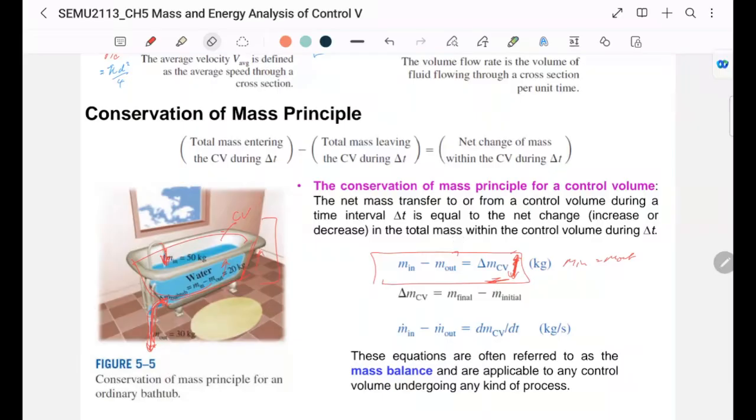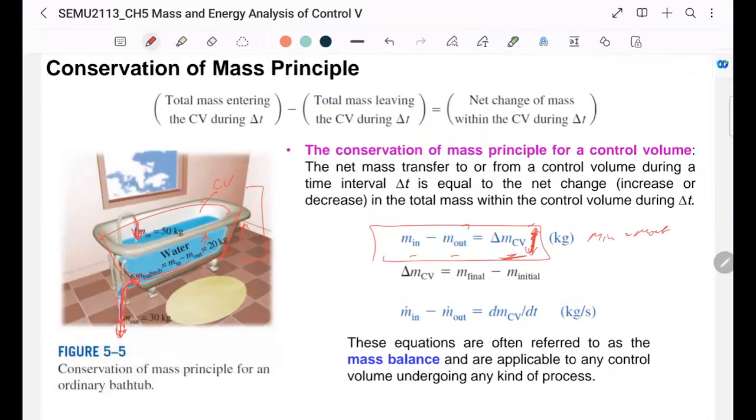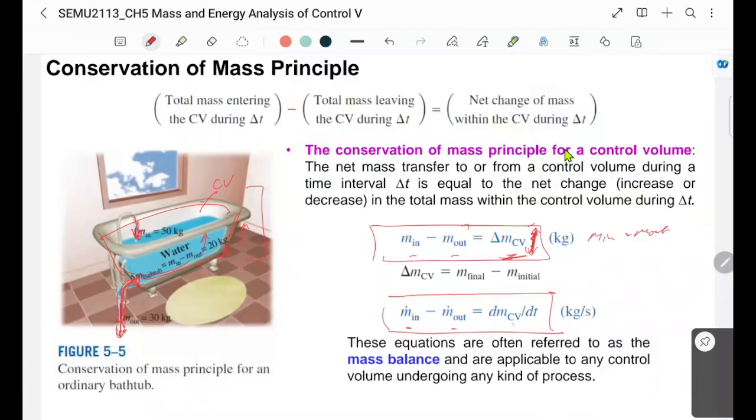You can express it in the mass only, in kg only, or of course you can express it in the rate as well. The mass flow rate in minus mass flow rate out must equal the rate of change of the mass in the control volume. So this equation is basically the conservation of mass equation, or the mass balance equation, sometimes we call it.